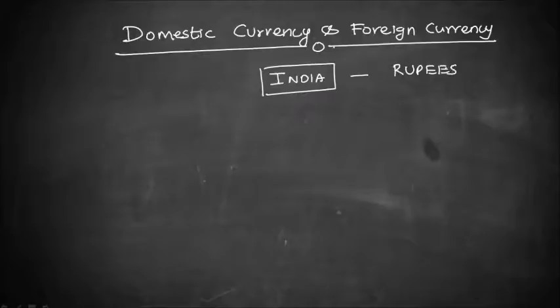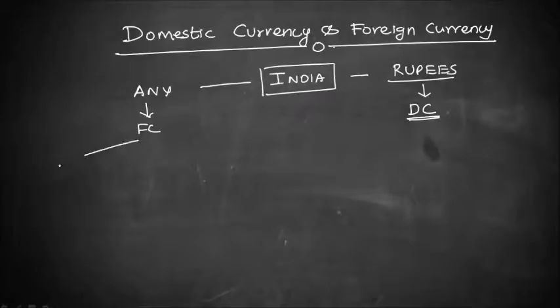So for me sitting in India, rupees is my domestic currency, DC, and any currency other than rupees is foreign currency. For me, everything like US dollar, GBP or Japanese yen is foreign currency. This basic understanding is important for us to take this chapter further.